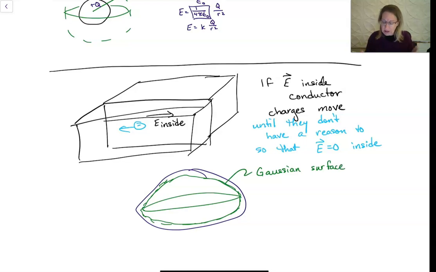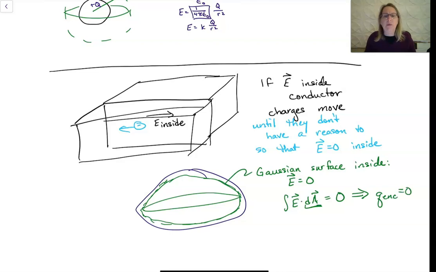Well, that's inside the conductor. And that means the electric field must be zero, because we said the electric field has to be zero inside a conductor. And so E dot dA, it doesn't matter what's going on with the dot product, is going to equal zero, which means that the Q enclosed is equal to zero.